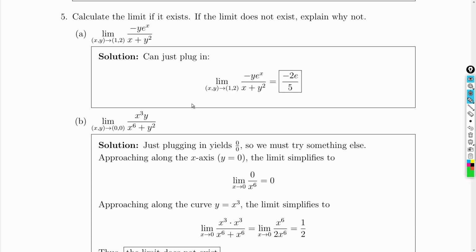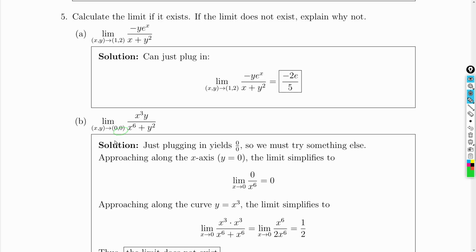So, yeah. Anyway, now with this one, if you try to plug in, you get 0 over 0. So that doesn't work. The only recourse that we have is to try approaching the point 0, 0 from different paths, and somehow getting two different values, making it so that the limit doesn't exist.